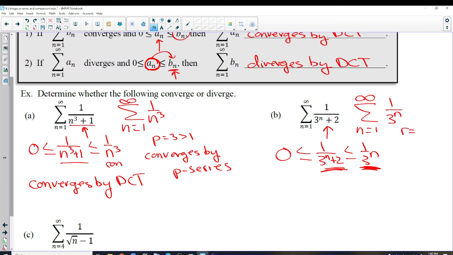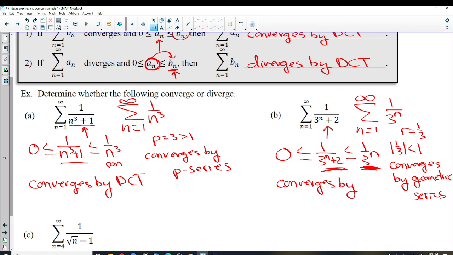Well, here this is geometric, r is equal to 1/3, absolute value of 1/3 is less than 1, so this converges by geometric series. So now we can say that our original converges by direct comparison test.